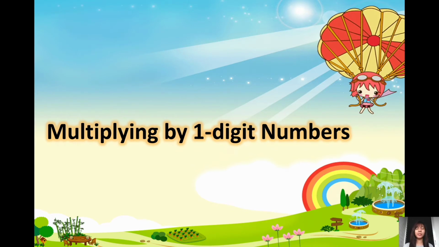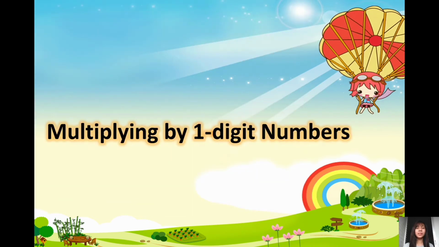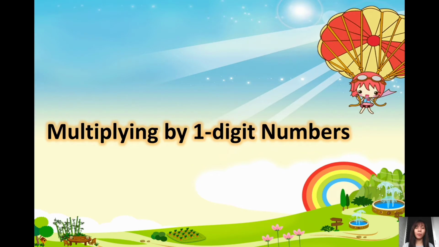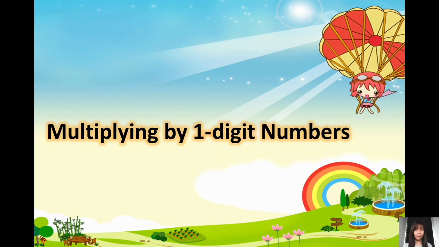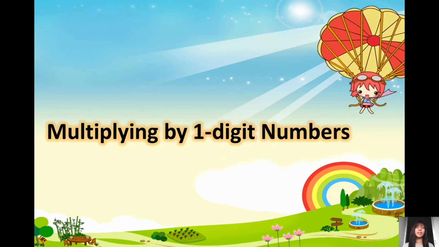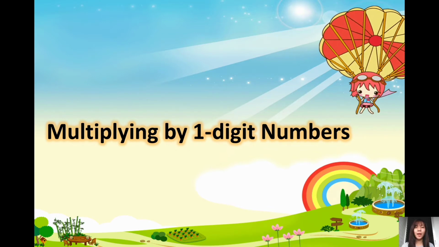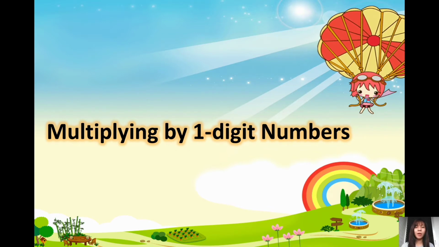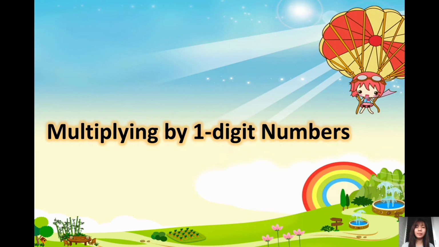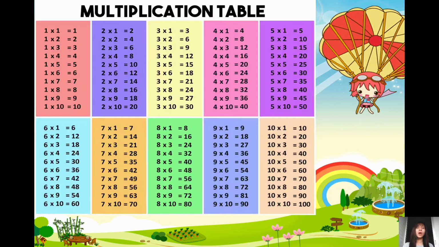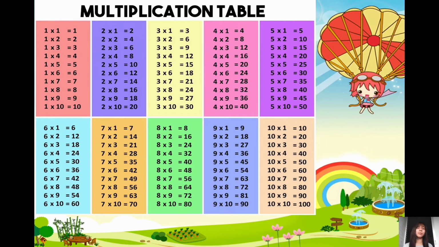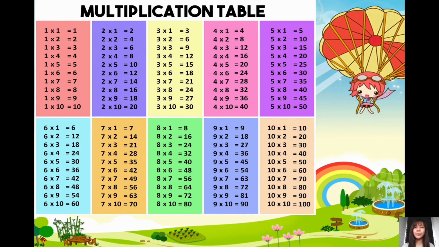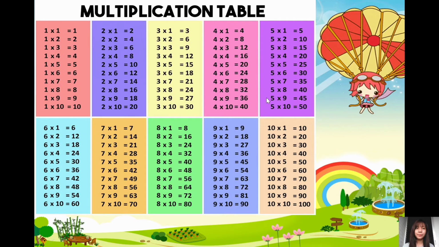Today we are going to talk about multiplying by one-digit numbers. Okay, everybody, please read: Multiplying by one-digit numbers. So, in multiplication, it's very important for you to memorize the multiplication table.